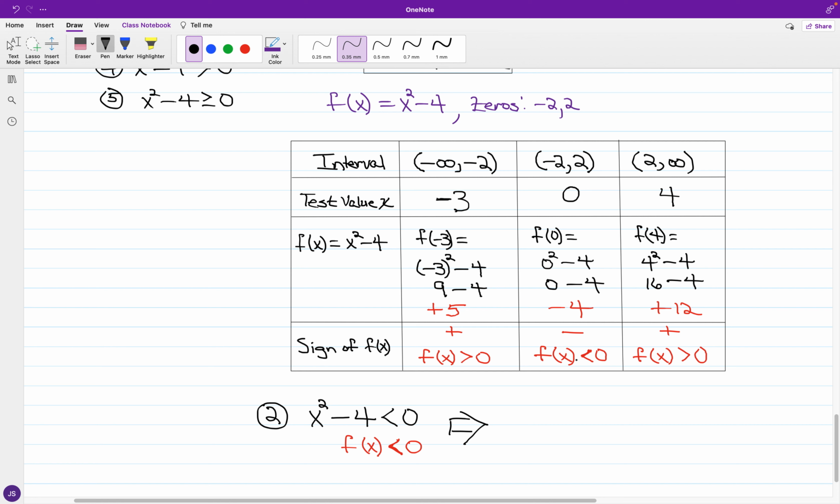And for those values of x, they'll be found in the top row within the same column. So for those values of x, it'll be those values of x for which negative 2 is less than x is less than 2.